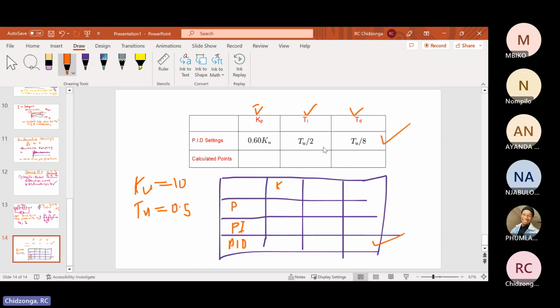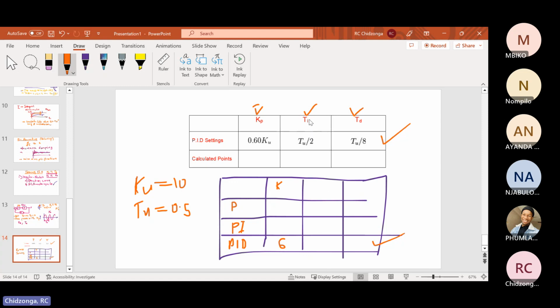So the ultimate method says now you are going to set the values of K in your PID controller, meaning that all the three components of the controller are active. So it says set the value of the proportional gain to 0.6 times the ultimate gain. So here the ultimate gain is 10 times 0.6, which means you must set this to a value of 6.